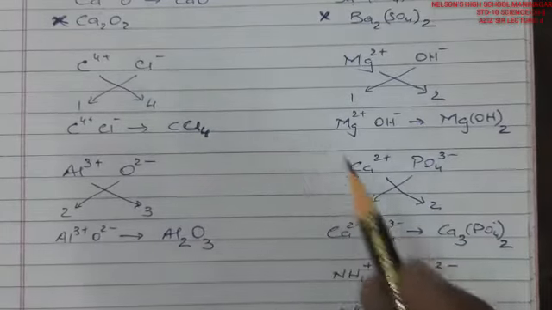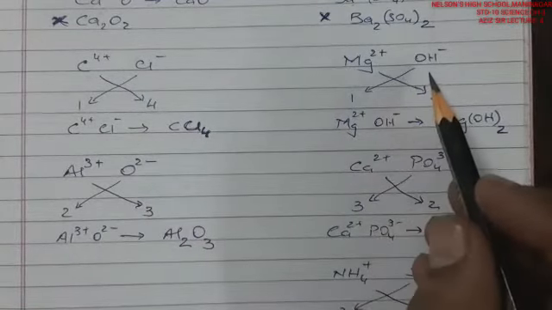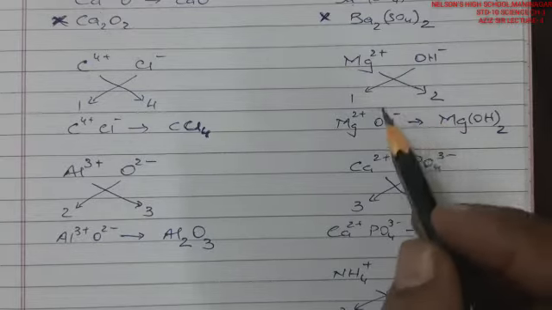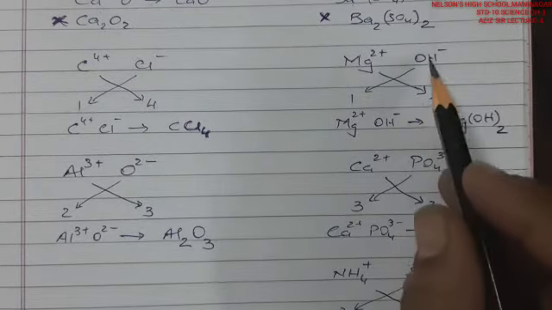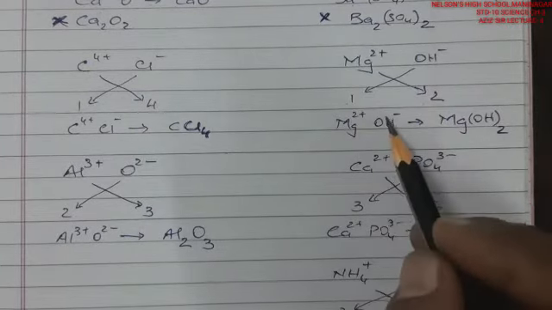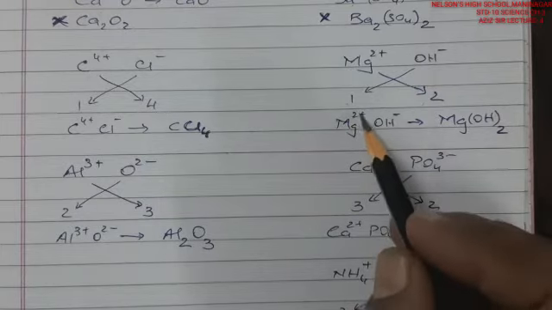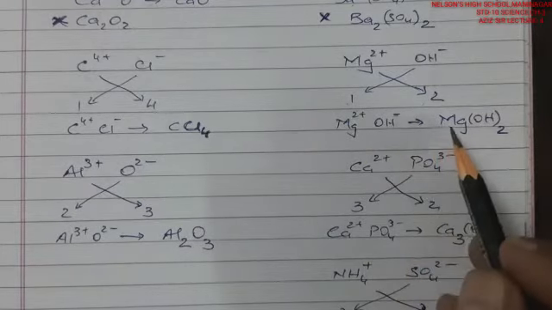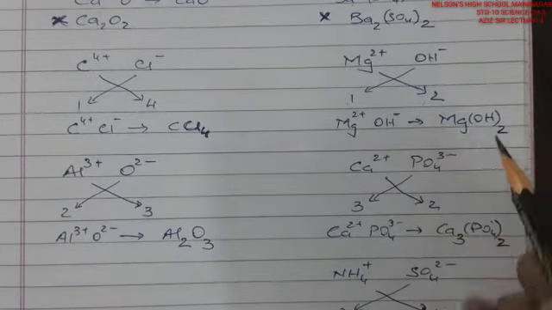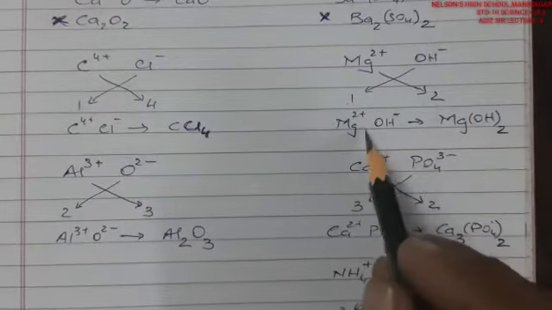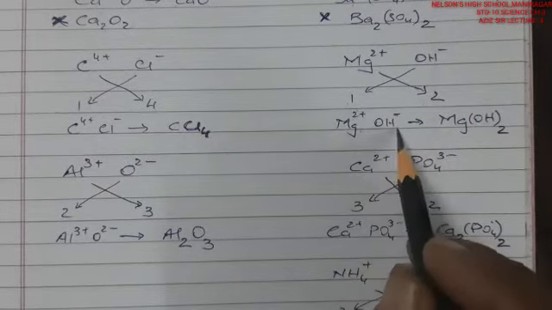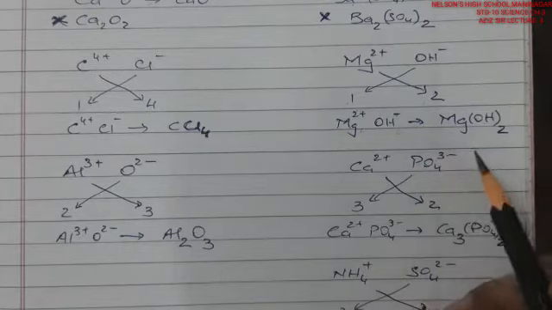So CCl4. The same way in magnesium hydroxide, Mg gives 2 valency and OH- gives 1 valency. So 1 comes to this side and 2 comes to this side, turning out to be Mg(OH)2.